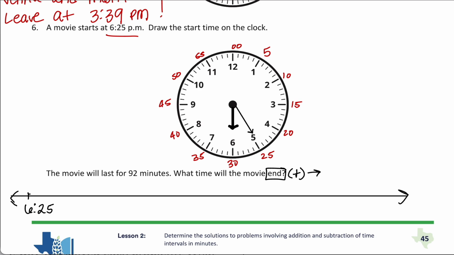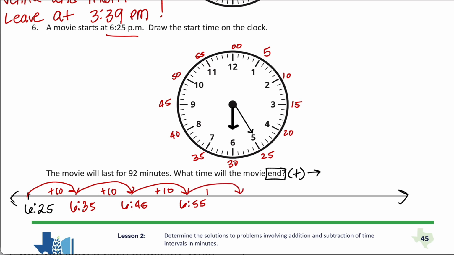So 6:25 plus 10 makes 6:35. 6:35 plus 10 makes 6:45. 6:45 plus 10 makes 6:55. 6:55 plus 10 makes what? 7:05. We're in the next hour.